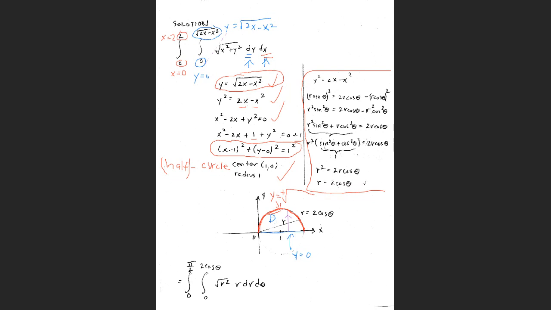The bottom function is y equals 0, that line segment on the bottom. The top function is y equals square root of 2x minus x squared.